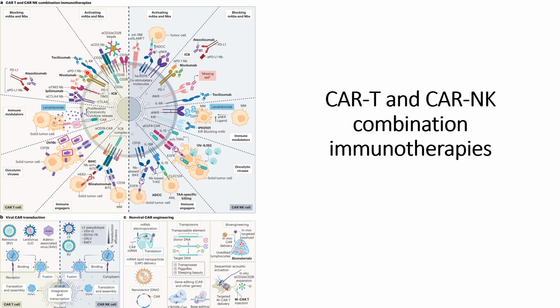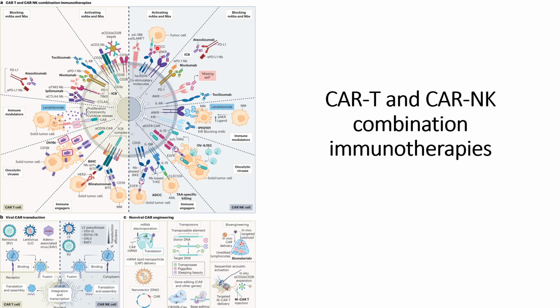So these are some of the blockade monoclonal or nano antibodies, and some activating antibodies are also being used to activate the immune cell response. For example, beads that have anti-CD3 and anti-CD28 antibodies can interact with the CD3 and CD28 receptors, thereby helping activation by triggering intracellular signaling within the immune cells.